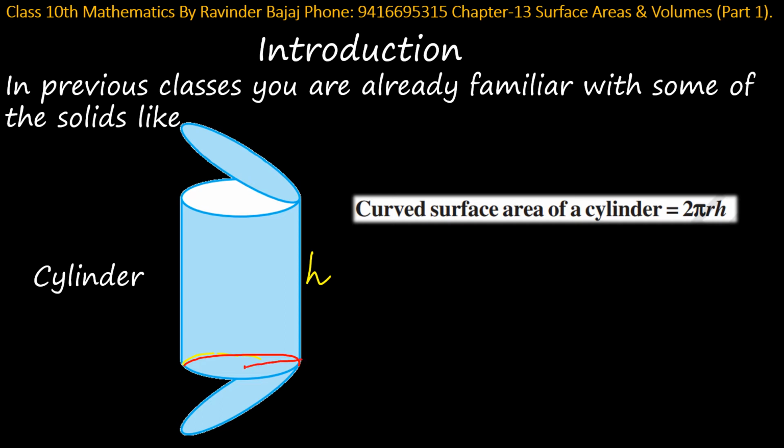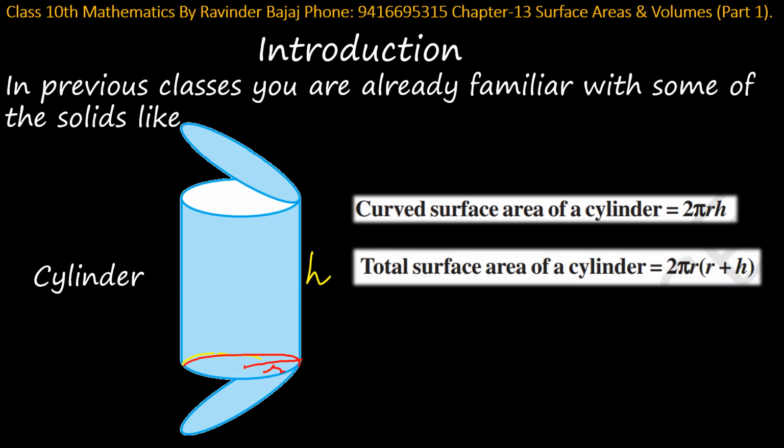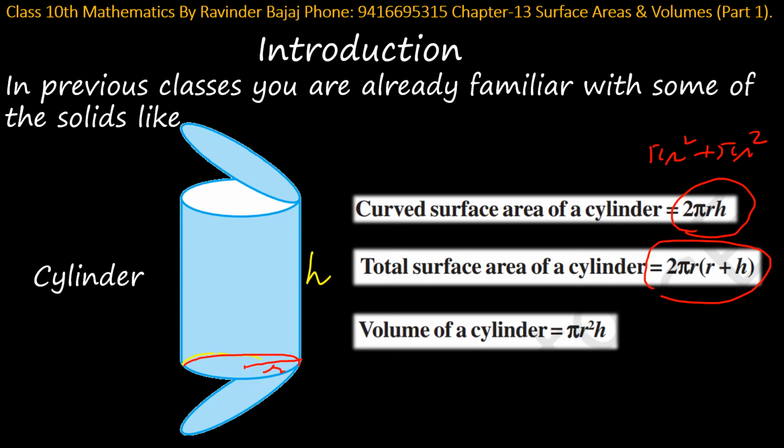Radius r, we're talking about 2 pi r h as the curved surface area of the cylinder. And if we talk about the top and bottom, which are circular faces, then total surface area is 2 pi r h plus 2 more circles, that is pi r square plus pi r square. These are two circles, so the resultant we will get is 2 pi r into r plus h.